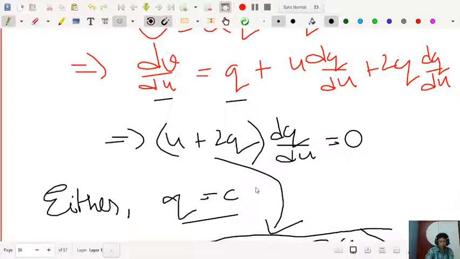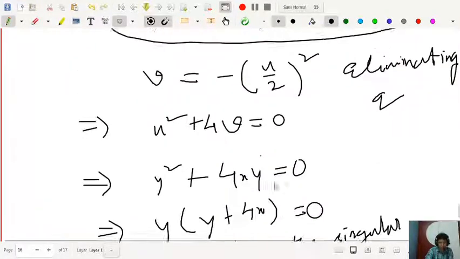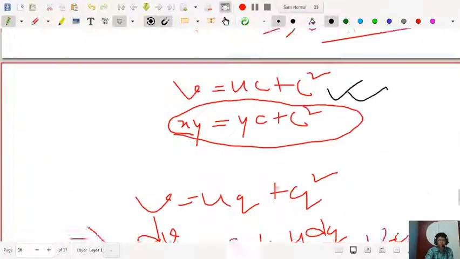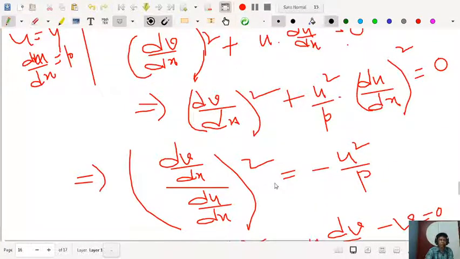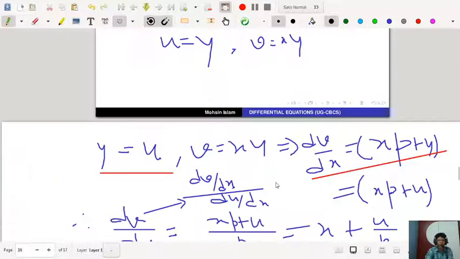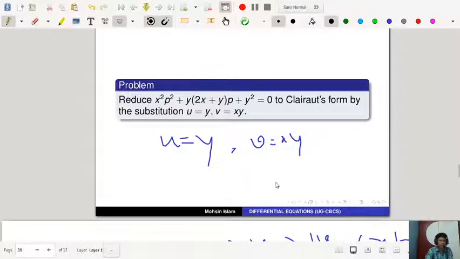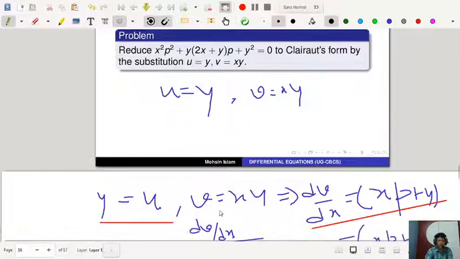The substitution may be given in the problem, or it may not be given, and you have to find it, and how to get the singular solution with that transformation. So these problems are very, very important. Also the concept of some important observations, and the geometrical interpretation of Clairaut's form. And Clairaut's form is actually invariant under the transformation. So this was the lecture today.